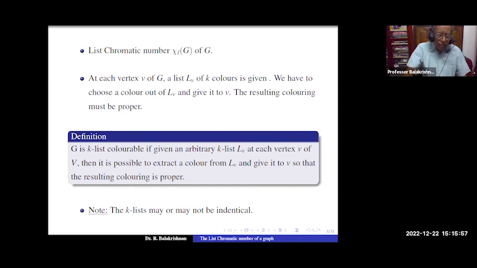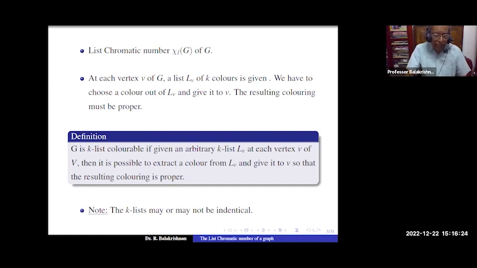The listochromatic number is another coloring parameter of a graph. So what is the listochromatic number? You attach a list at each vertex, all of course of the same cardinality. You call it a k-list. Suppose there are k colors, you call it a k-list.